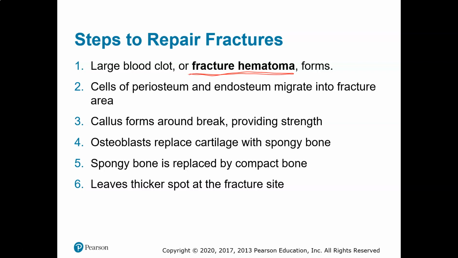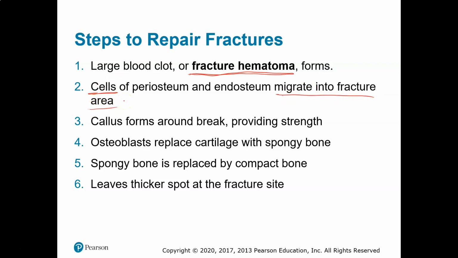And the endosteum is the inner lining of the bone tissue. For example, in a long bone, it would be the inner lining of the bone marrow or medullary cavity. So cells of both of these linings, inner and outer linings, migrate into the fracture area. So these are stem cells that migrate into the fracture area.